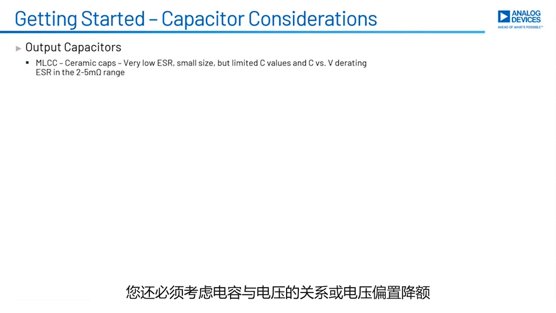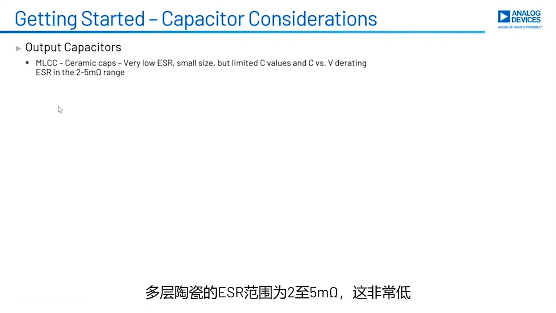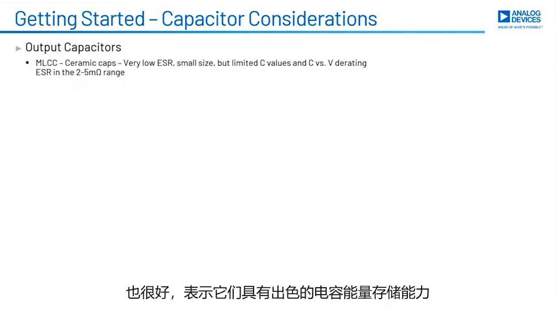And there's also this capacitance versus voltage, or voltage bias derating, that you have to take into consideration. So the ESR range for multi-layer ceramics is 2 to 5 milliohms, so it's a very low value. That's good because that means that they provide very good capacitive energy storage.